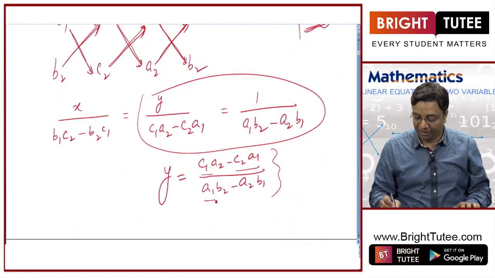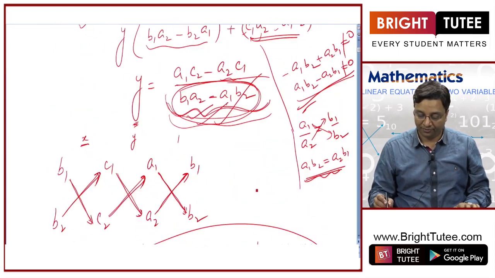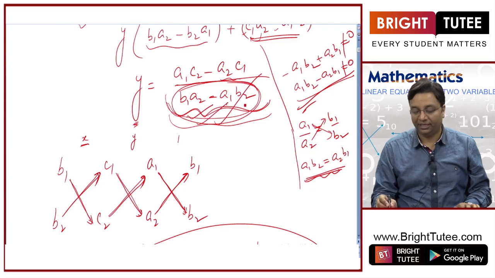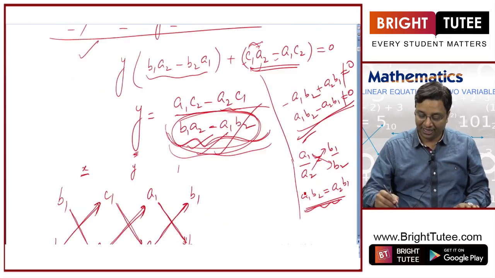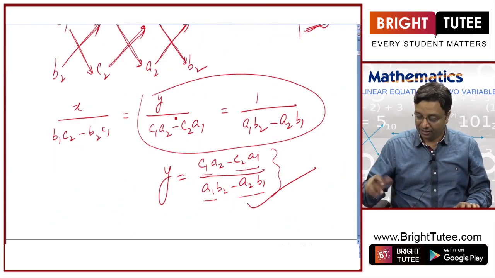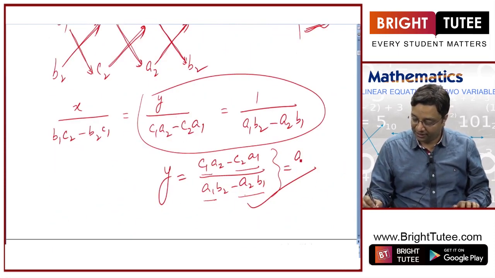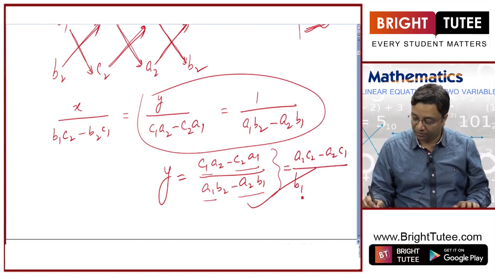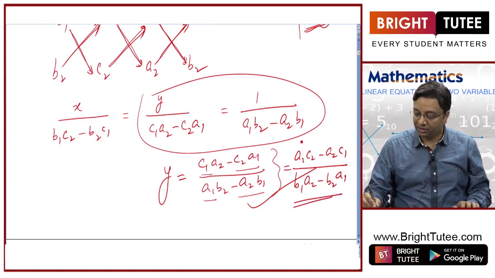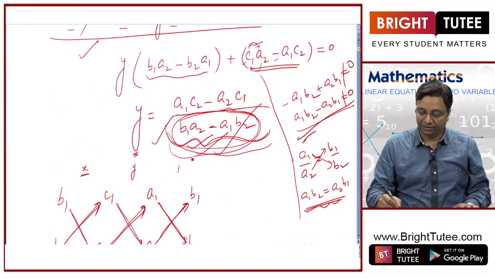This is a1 b2 minus a2 b1. This is b1 a2 minus a1 b2. This is exactly the same as this. You can write this as a1 c2 minus a2 c1 divided by, now you need to change the signs of the denominator also, b1 a2 minus b2 a1. Now this is exactly the same as this.